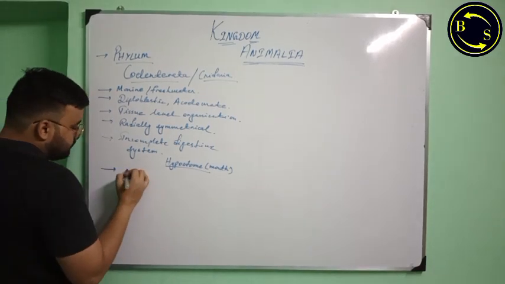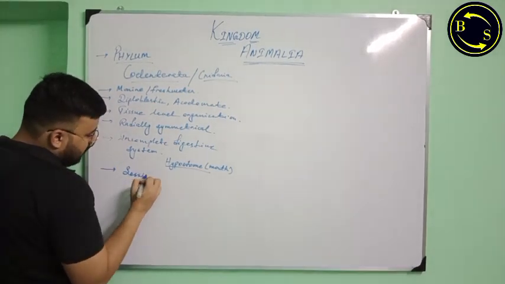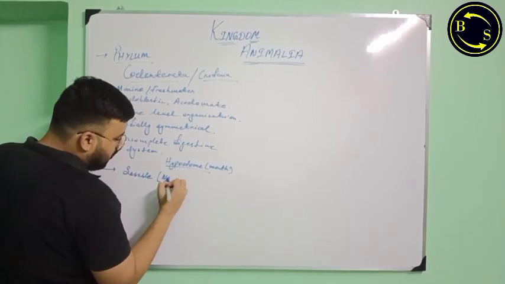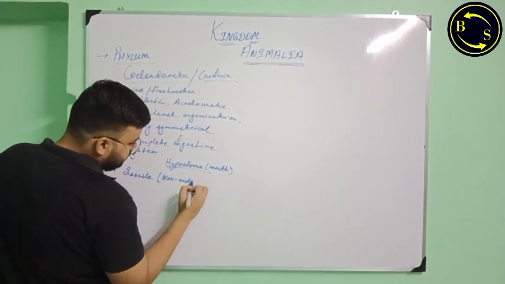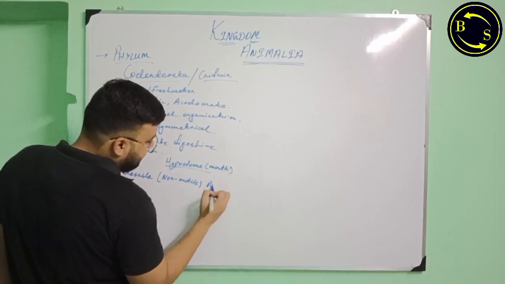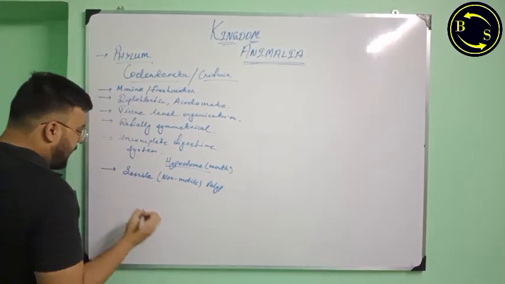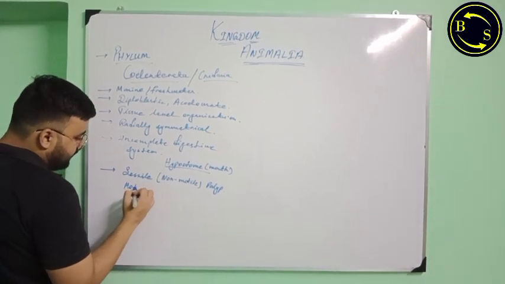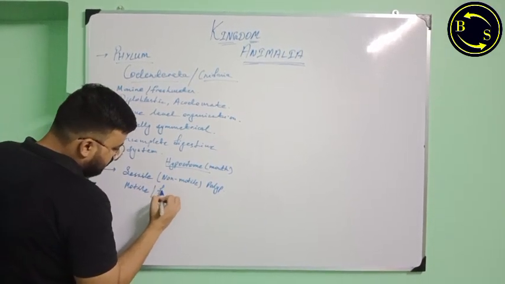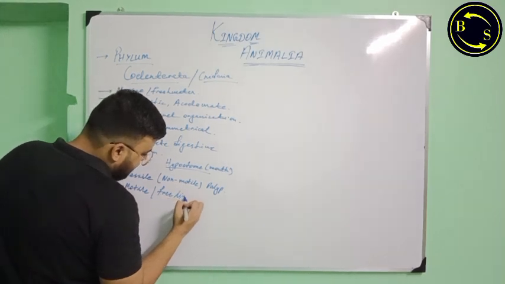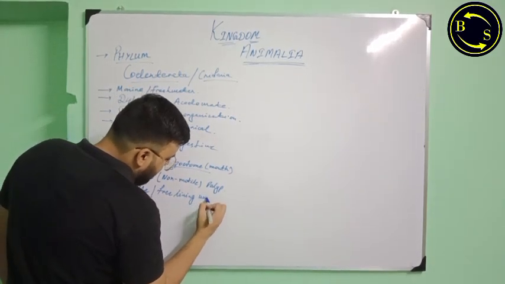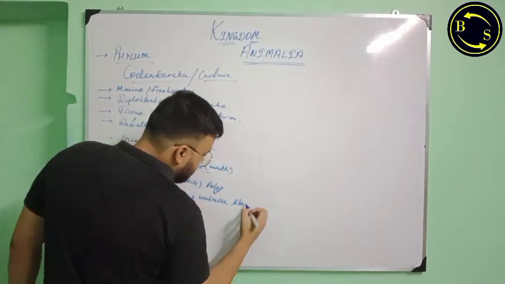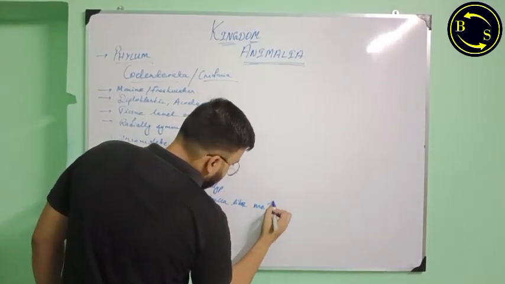One is the sessile or fixed or non-motile polyp, and we have the motile or free living umbrella-like medusa form.